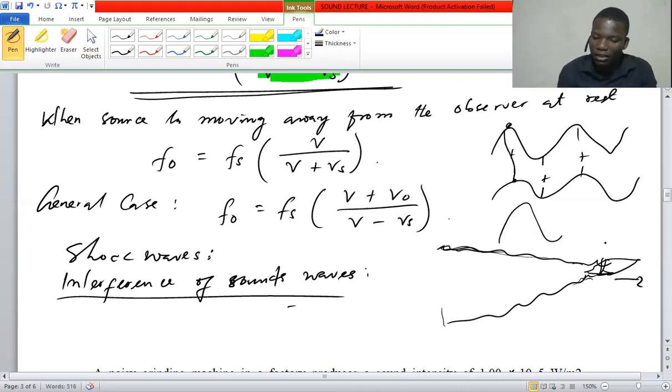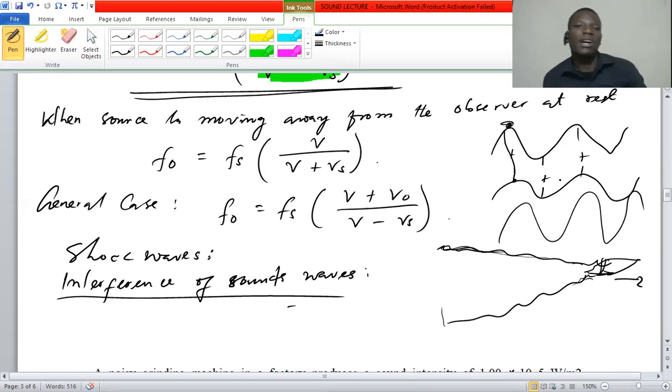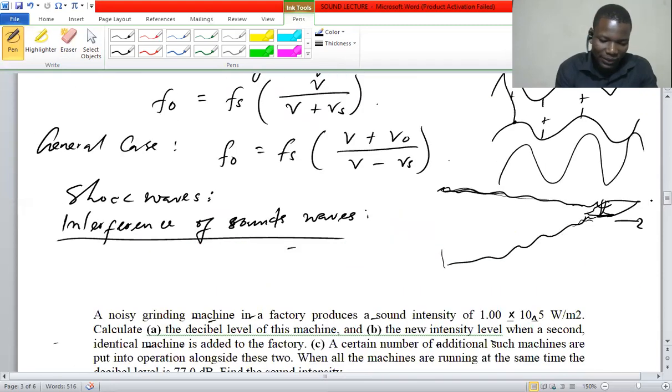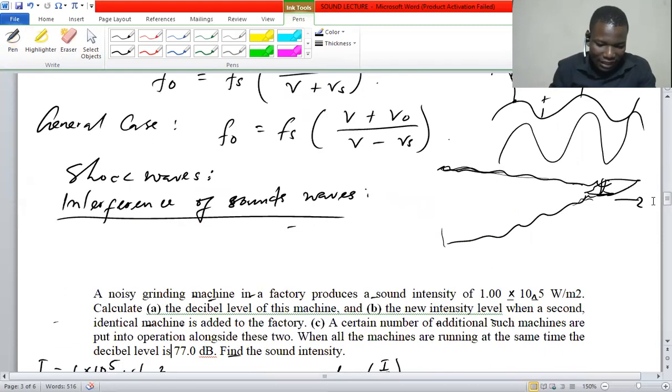A wave may look even like that. But if the crest is meeting the trough, you're going to have a destructive interference. I don't want to explain this, but the situation is forcing me to explain a bit about this.